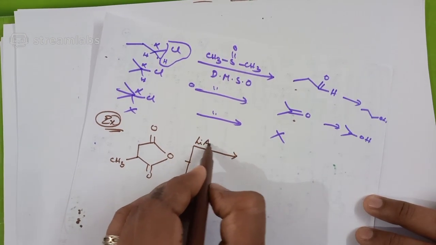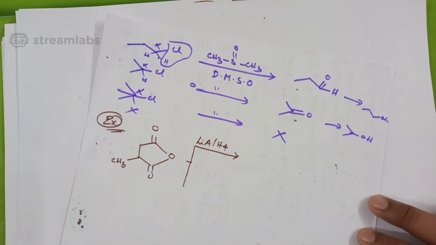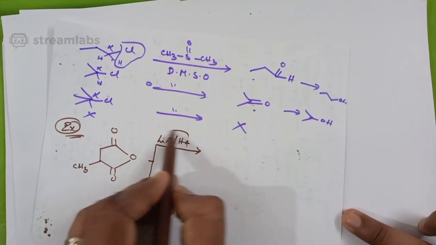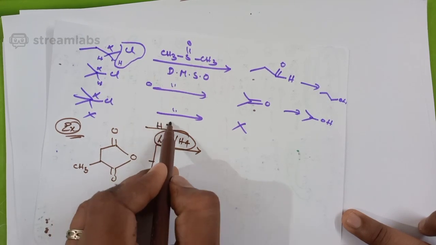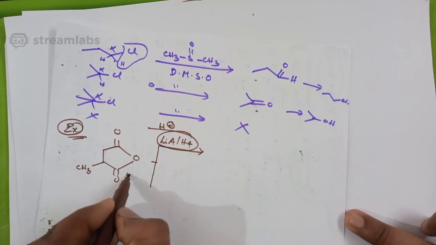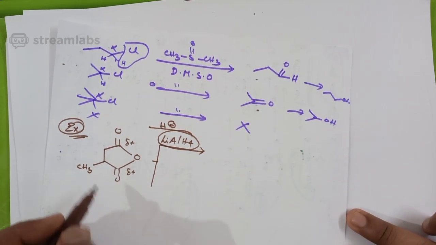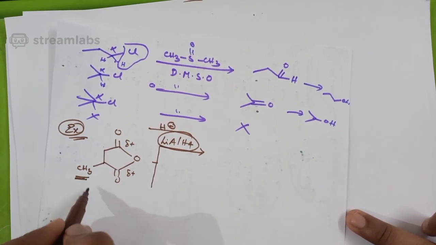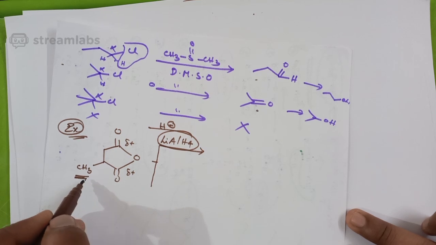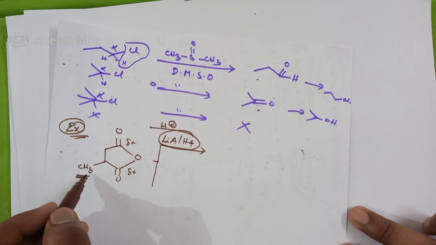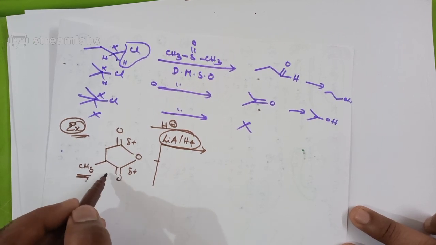First reaction with LiAlH4, I'll tell you. We know LiAlH4 releases H minus hydride ion. Now this carbon is partially positive and here also partially positive charge. But see, whenever donating groups are there, here methyl or ethyl, or OH group with some electron plus M effect, here plus M is not affecting, only plus I groups are present.